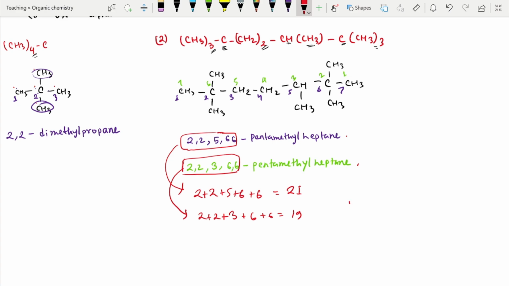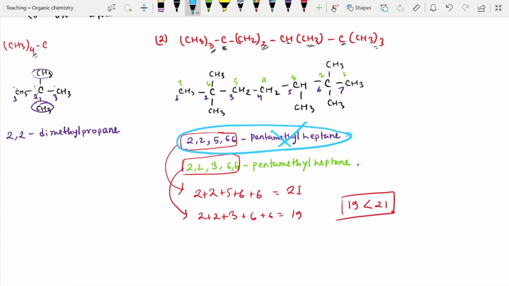So 19 is less than 21, isn't it? So we will consider the lower number. So this one is wrong, and this one is right. You have to number the carbons in such a way that the summation of the numbers is less.